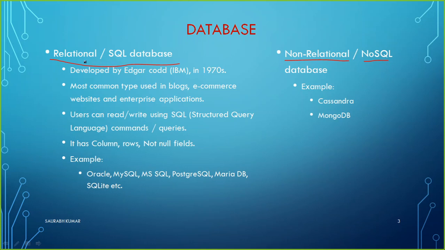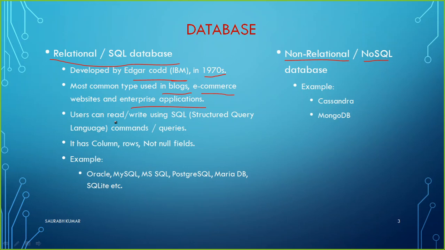The relational type of database was first developed by Edgar Codd from IBM in 1970. That's when it was first introduced. It is the most common type of database being used nowadays in blogs, e-commerce websites, and enterprise applications. Nowadays you will find that in 80 to 90% of places, a relational database is being used.